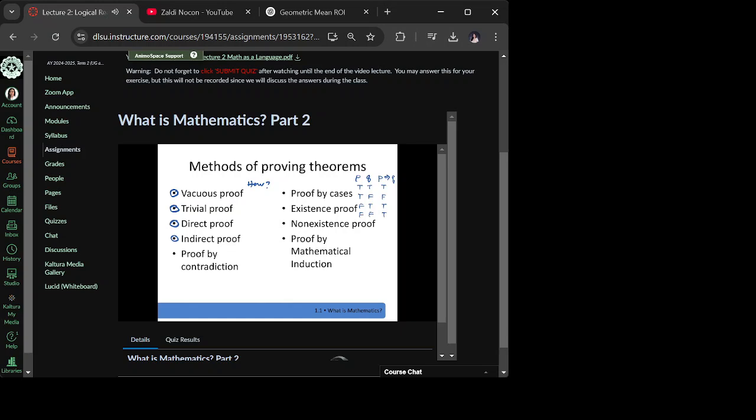For vacuous proof, we only need to show that P is false. This is enough because, as you see in this truth table, the implication P implies Q is true if P is false, regardless of the truth value of Q. For trivial proof, we only need to show that Q is true.